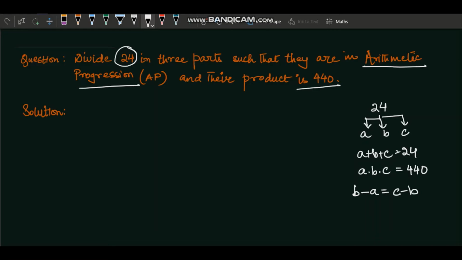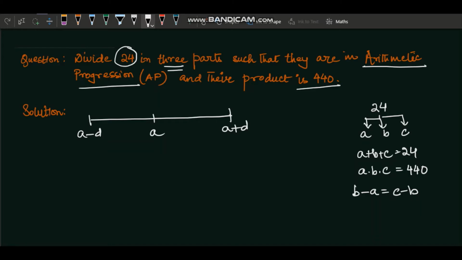Now there is a specific trick for doing sums of this type. Since we are given that there are 3 numbers which are in AP and their sum is 24, we generally assume the 3 numbers to be in the form A minus D, A and A plus D. Now what is the purpose of choosing the numbers in this way?